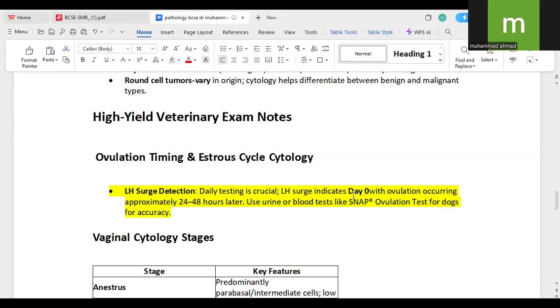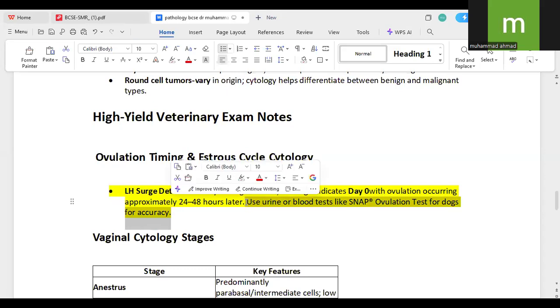LH surge indicates day zero with ovulation occurring approximately 24 to 48 hours later. Basically, ovulation occurs 2 to 3 days after the LH surge. So after detecting the LH surge, after 2 to 3 days we can go for crossing. Use urine or blood tests like the SNAP ovulation test for dogs for accuracy. This is an important test, the SNAP test.